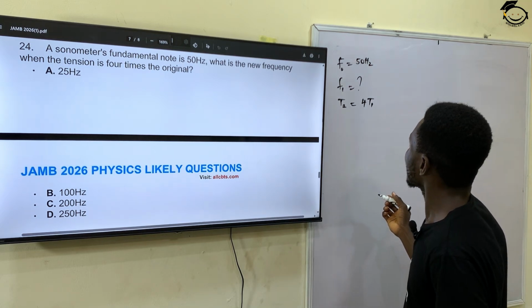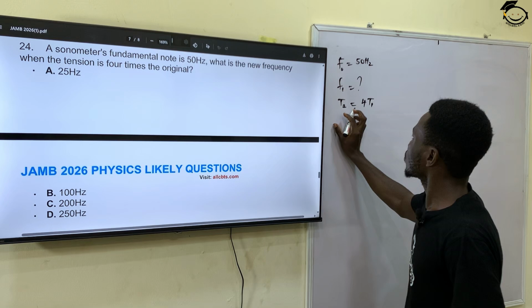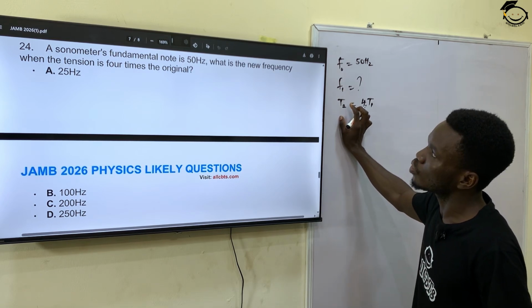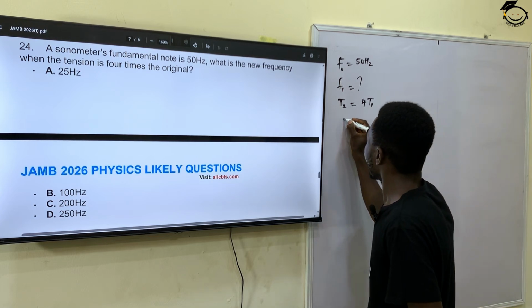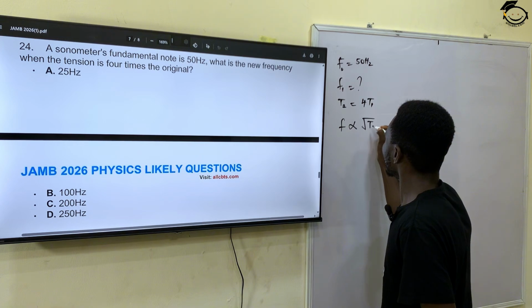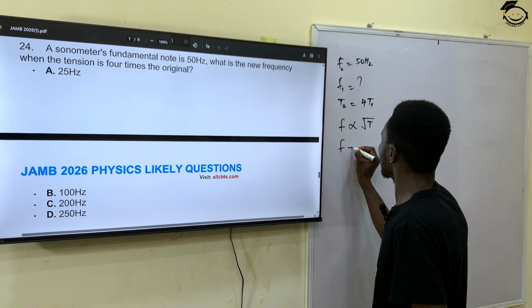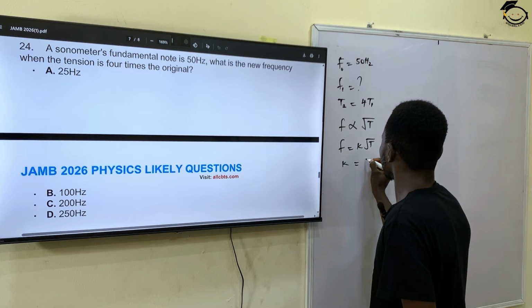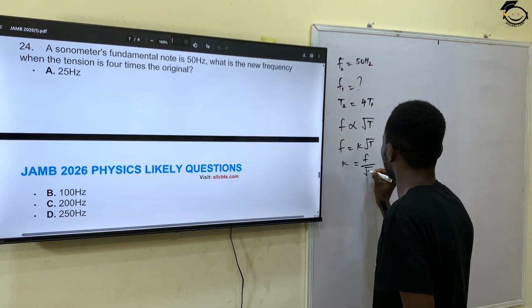For us to solve this question, we have to know what relates our tension to our frequency. Our frequency is directly proportional to the square root of tension. That is to say that F is equal to K square root of tension, which means K is equal to frequency over square root of tension.